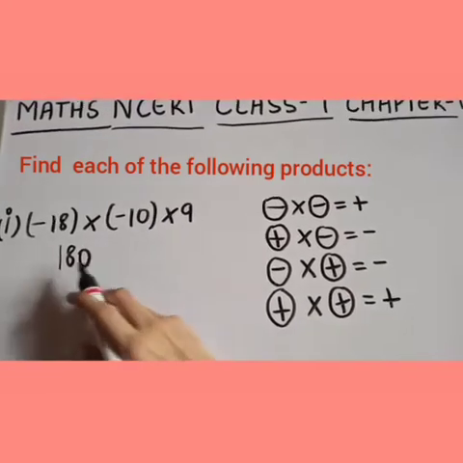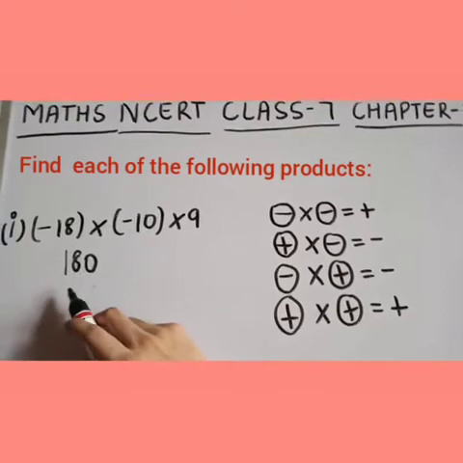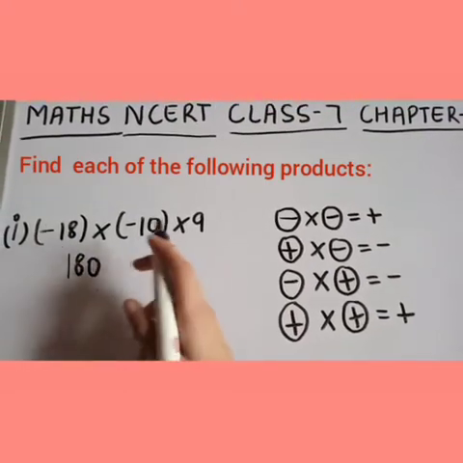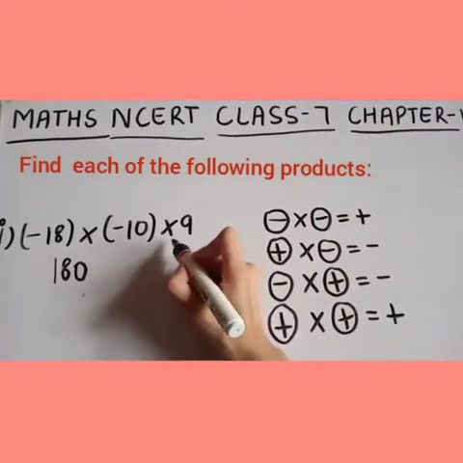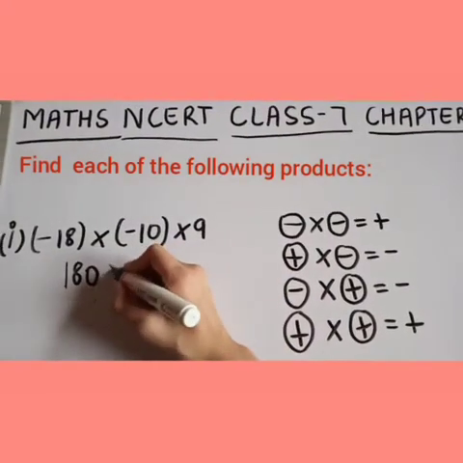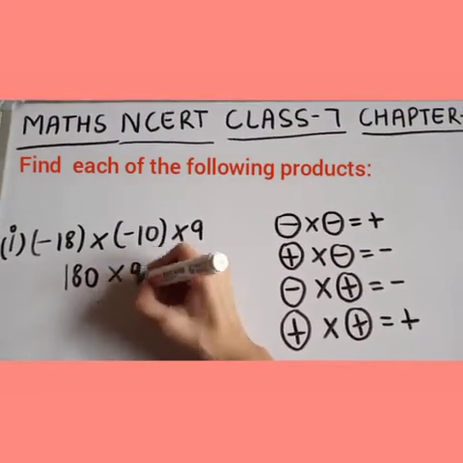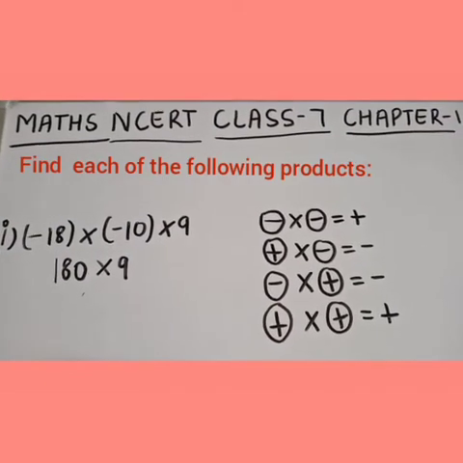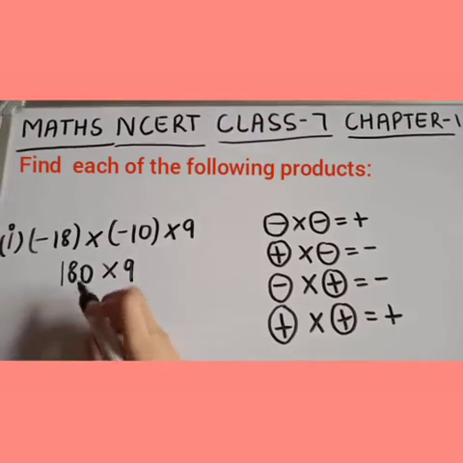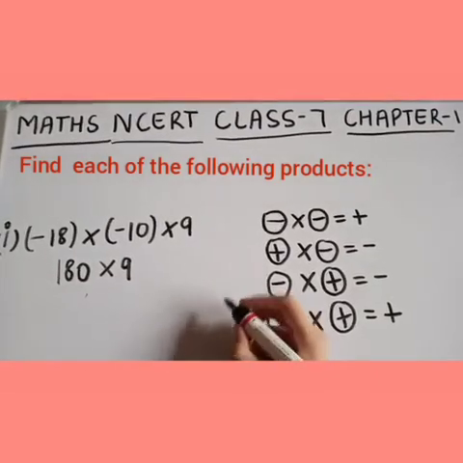So this is a positive number, as I have told you that negative makes a positive number. Now this 9 is left, so we will write down 9 like this, like we do in normal multiplication of numbers. Now let's multiply 180 into 9.